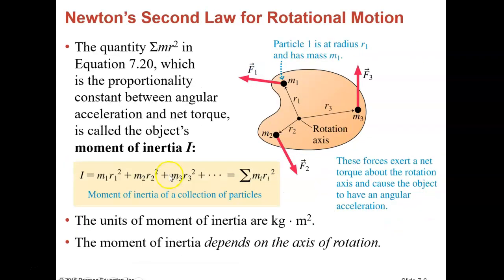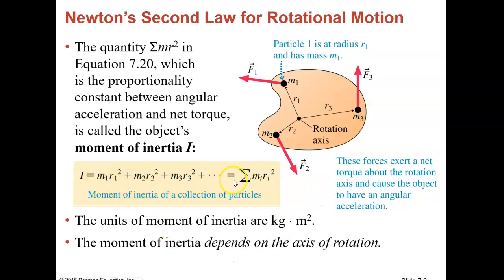Now, the quantity of the sum of mass times radius squared above is the proportionality constant between angular acceleration and net torque. It's called an object's moment of inertia. Okay? So particle 1 is at radius 1 and has mass 1. And the force is exerted on it, creating a net torque about this rotation and causing it to have an angular acceleration.